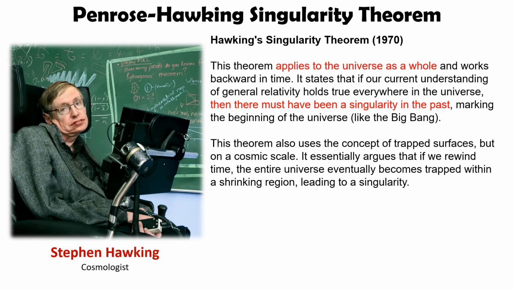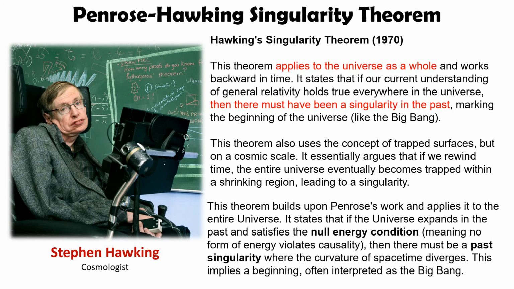And they also include the trapped surface. So the theorem is actually built upon Penrose's work, and it states that if the universe expands in the past and satisfies the null energy condition, then there must be a past singularity where the curvature of space-time diverges. This implies a beginning, often interpreted as the Big Bang.